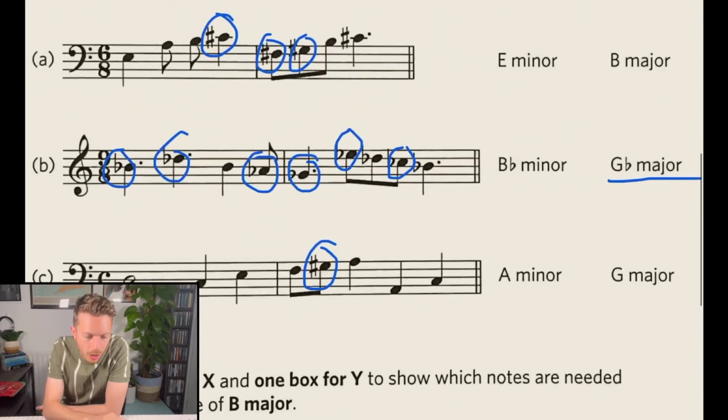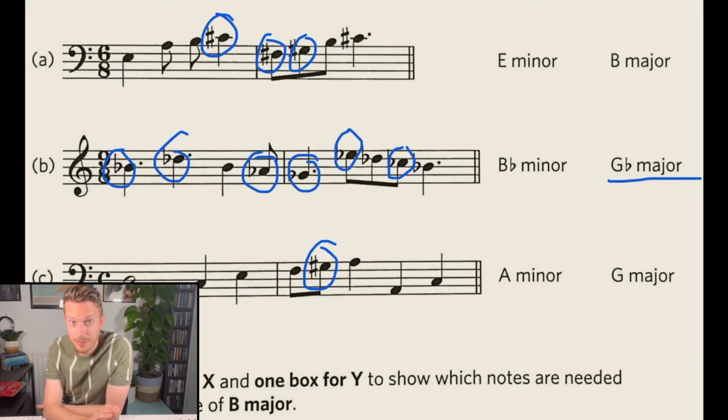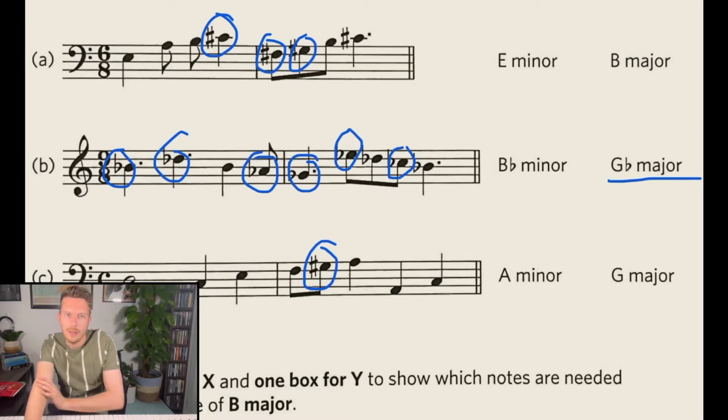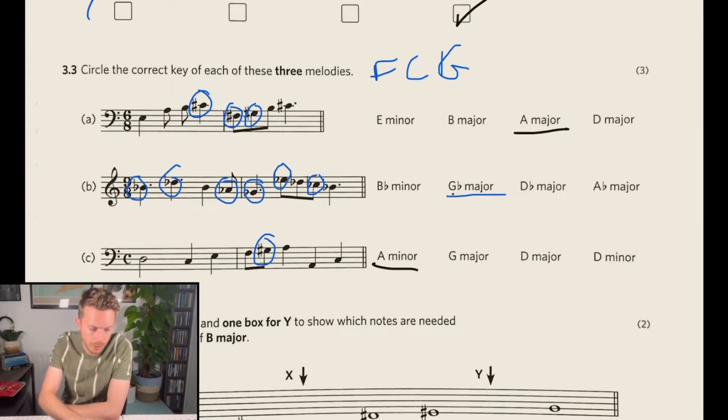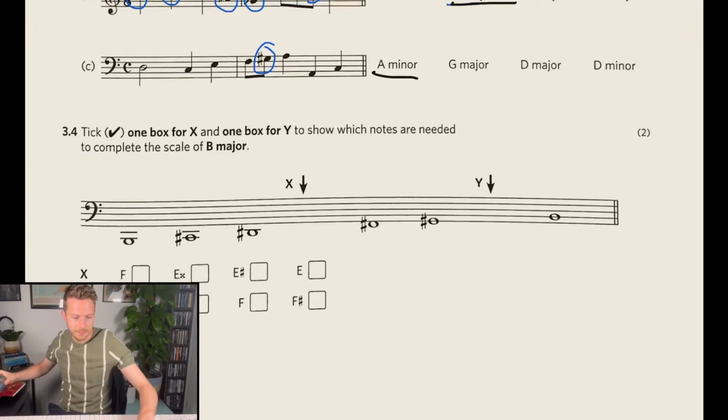So if it's in a major key, you could also have an F and a C. But the C here is a C natural, and the F is an F natural as well. So this G sharp has to be a raised 7th. And what minor key signature has a raised 7th? The 7th note of A minor is a G, so that is a G sharp. So this answer is A minor.